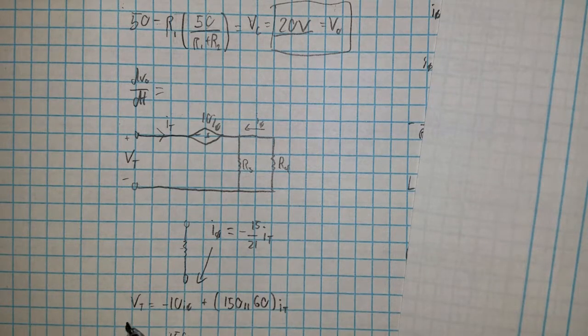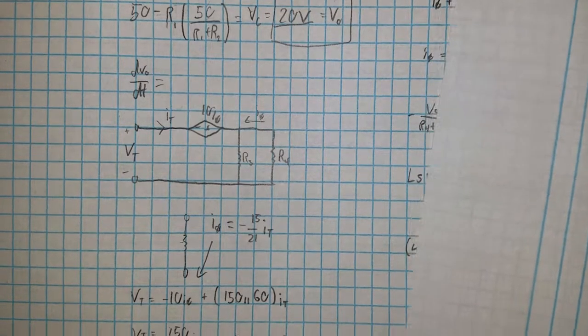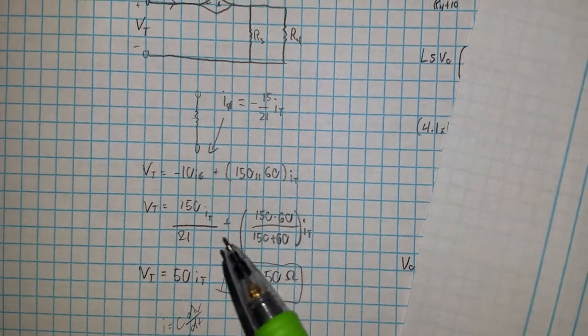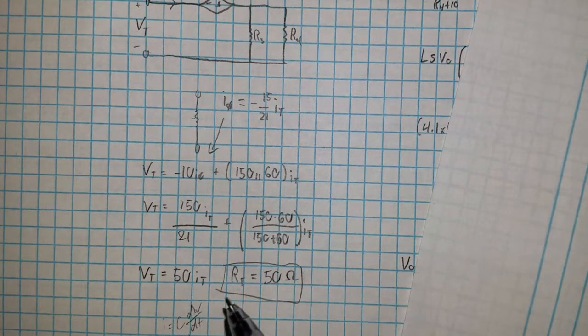Then our Thevenin equivalent voltage is negative 10 I phi plus the voltage across the parallel combination of R3 and R4 times the Thevenin equivalent current. We know I phi in terms of IT, so we just plug it in, do some number crunching, and we get that our Thevenin equivalent resistance is 50 ohms.